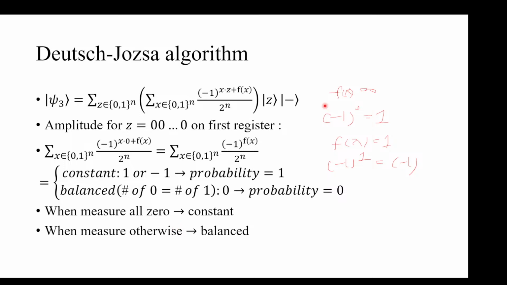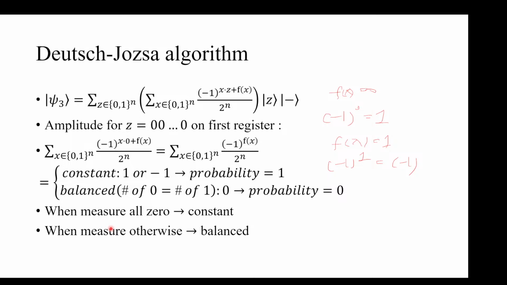Other outputs can be a complicated function, but we only need to know that on balanced input, you only get other outputs. You never get the all zero output. So here we see what our algorithm should do.